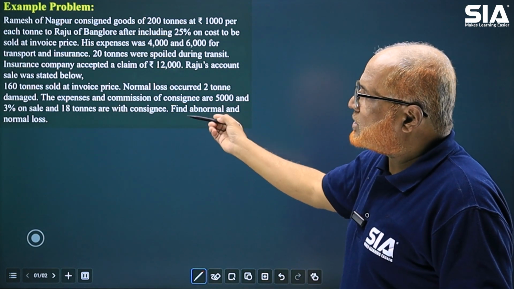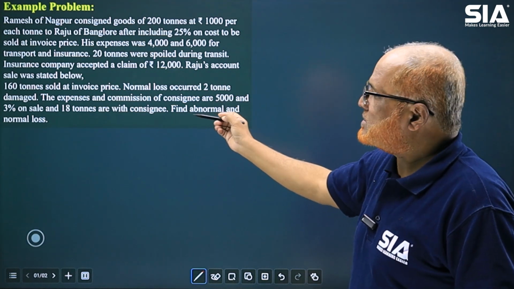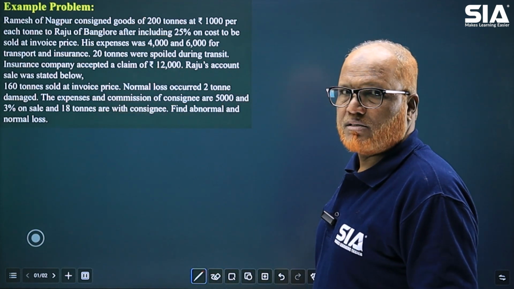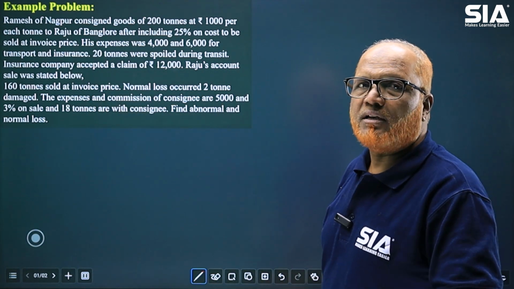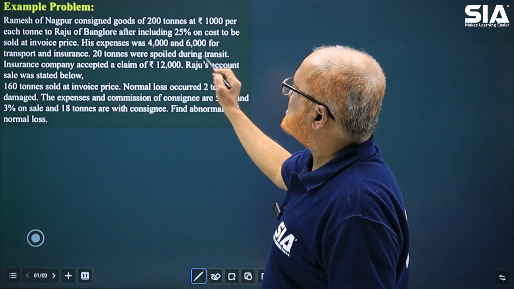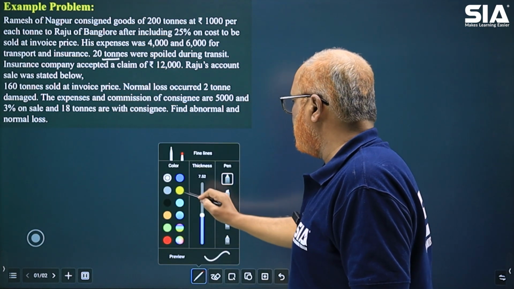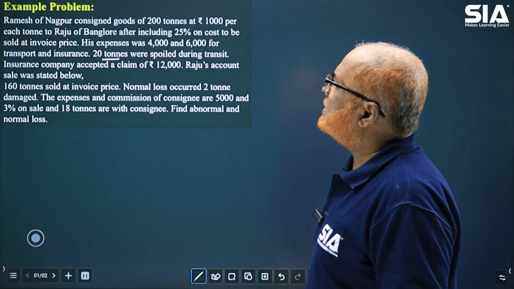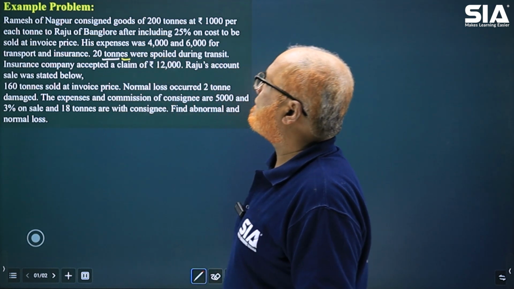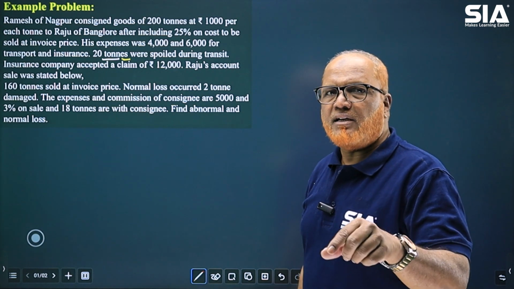Now Raju's accountant. Raju is the consignee. The consignee has sent the account sales. What the account sales says: 160 tons sold at invoice price. Actually, how many tons has he received? Out of 200 tons, 20 tons are lost in transit. So 200 minus 20, 180 tons received.